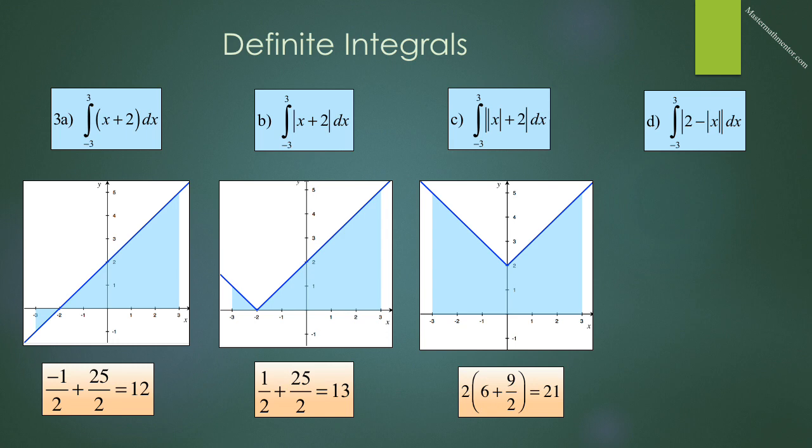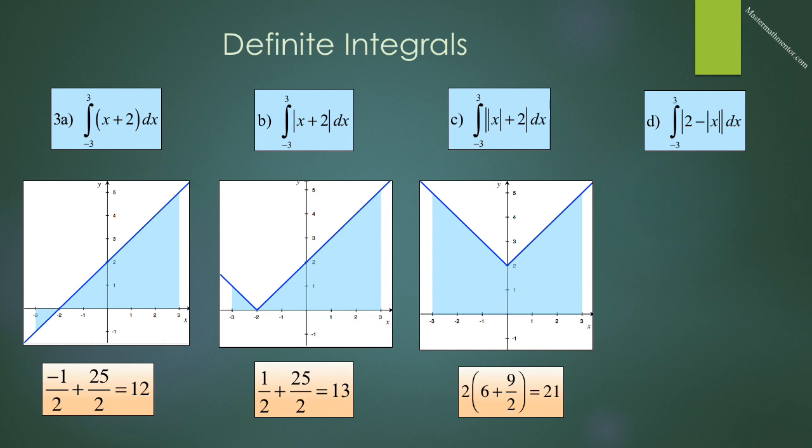C reads the integral from negative 3 to 3 of the absolute value of x plus 2 dx. The shape is on the screen, and again, you can get this by plotting points. Since this is symmetric, we can just calculate the area from 0 to 3 and double it.